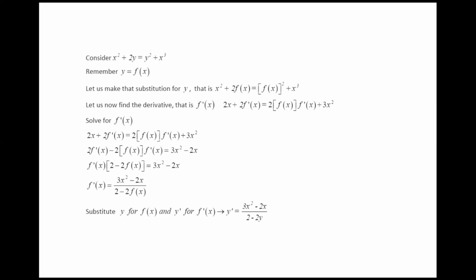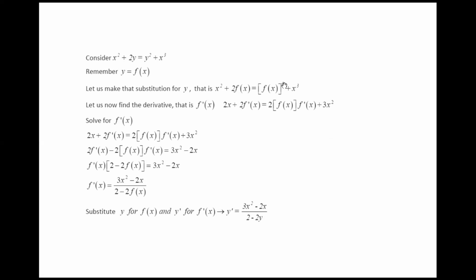Well, the derivative of x squared is 2x. Now, the derivative of f of x is f prime of x. Now, f of x is not just x, it's an expression in terms of x. So we take the derivative, 2 times, so we call that f prime of x. Now, in this case, we have an expression to a power.